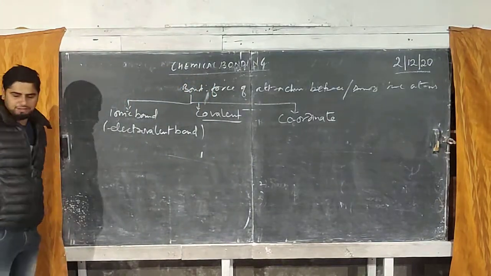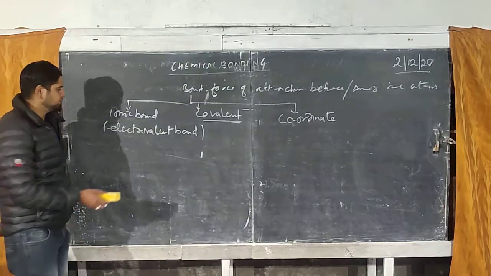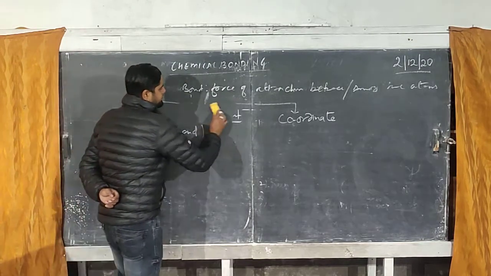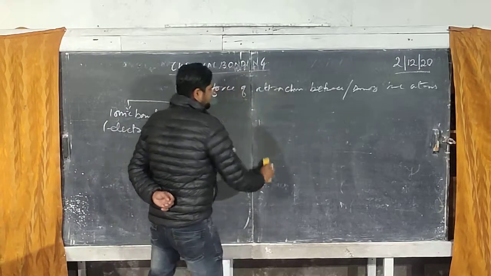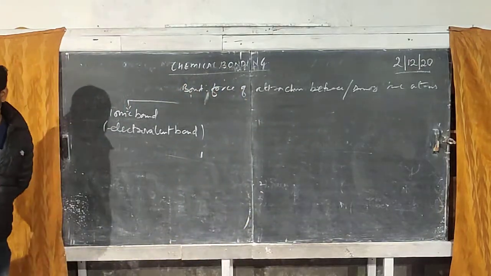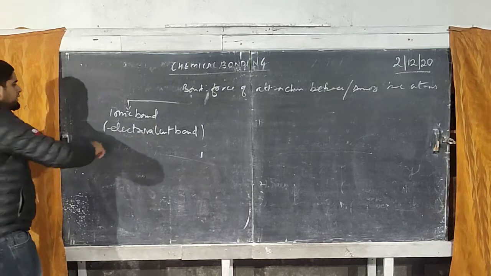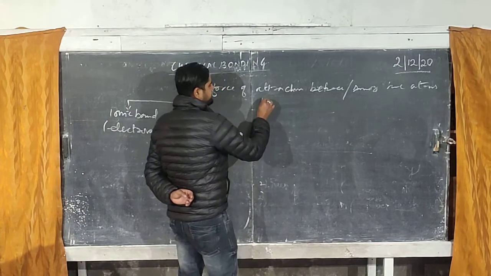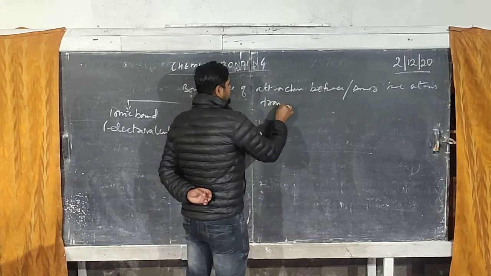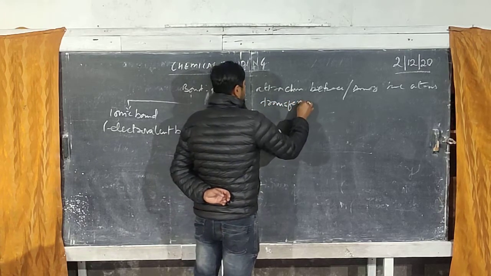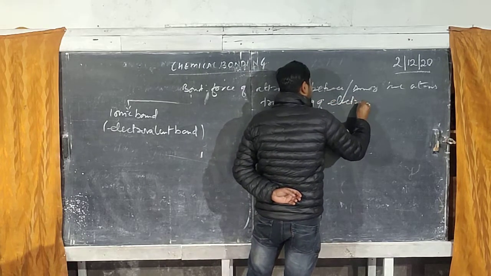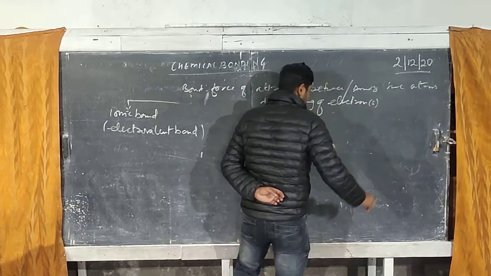Let us first discuss electrovalent or ionic bond. In a very simple form, you can understand this. An ionic bond is formed by transferring of electron or electrons.